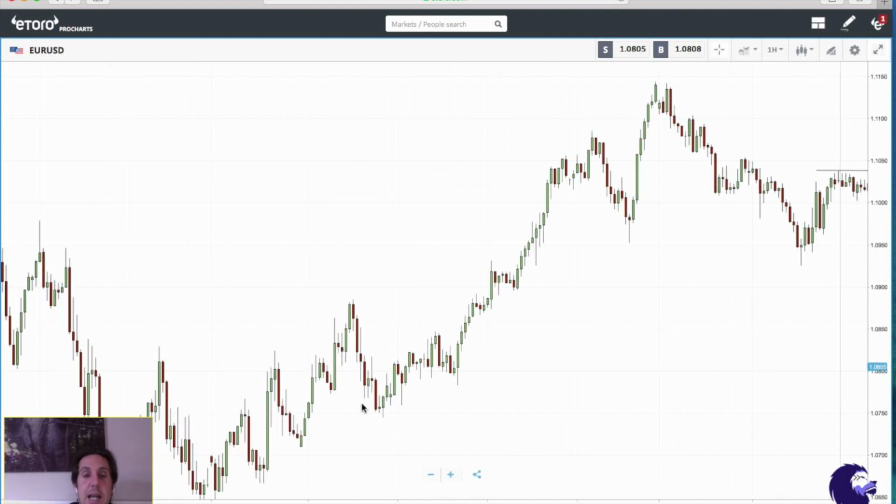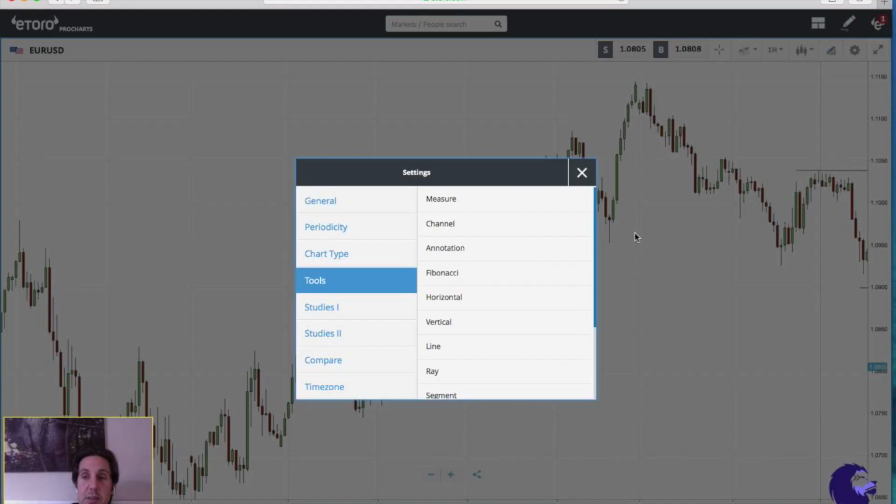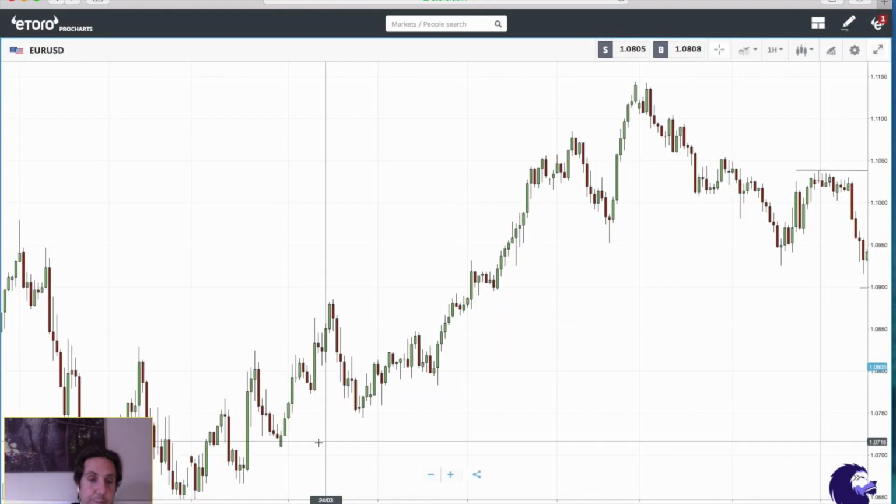Now we're going to explain how to find support and resistance in the uptrend. Very simple. In the lows, you put the support. In the highs, you put the resistance. For example, we start here.